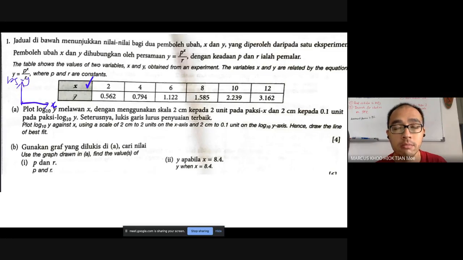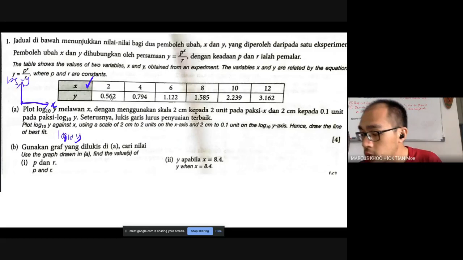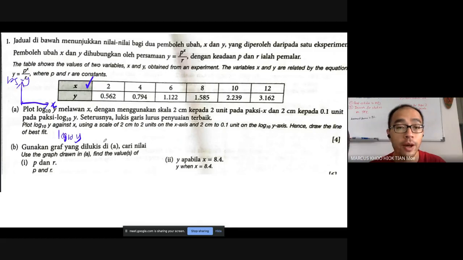But this y is a problem, so we have to create a new table. So log 10y. So 0.562 is y. So log 10 of 0.562. Okay, log 0.562 will give you negative 0.25. Okay, negative 0.25.